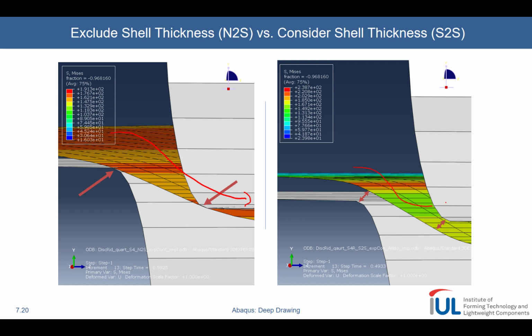This is because here, due to your half sheet thickness preventing the mid surface from coming into contact, your actual deformation behavior looks vastly different from the left to the right.